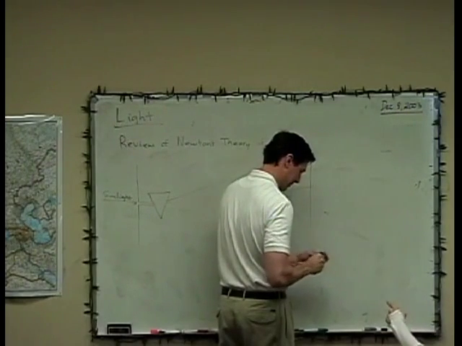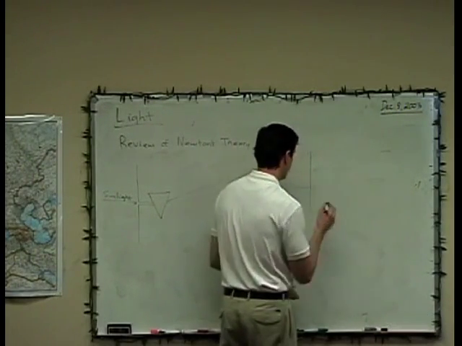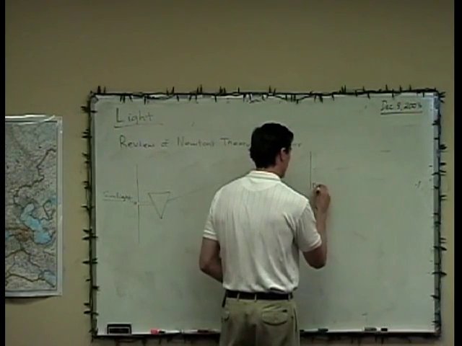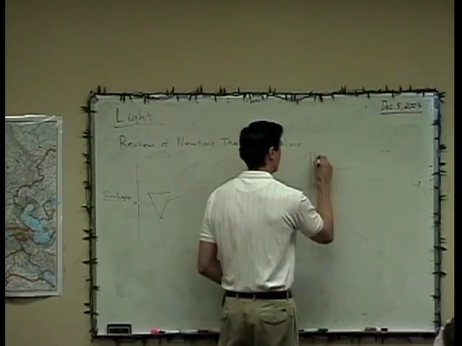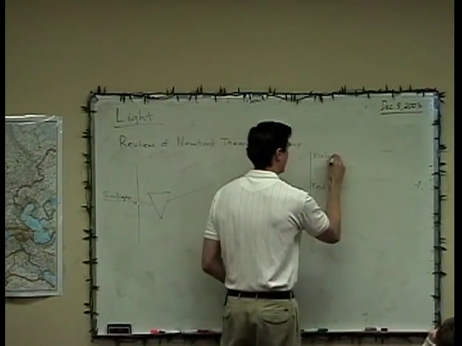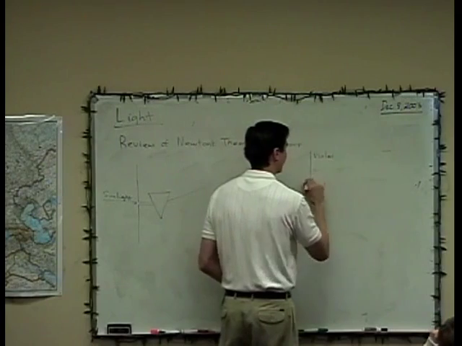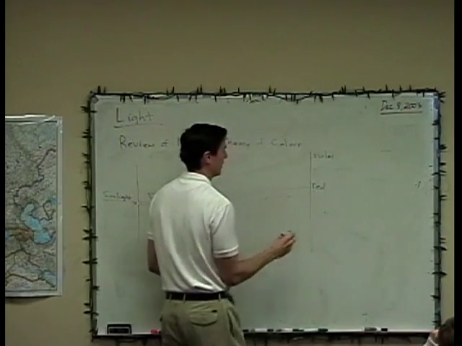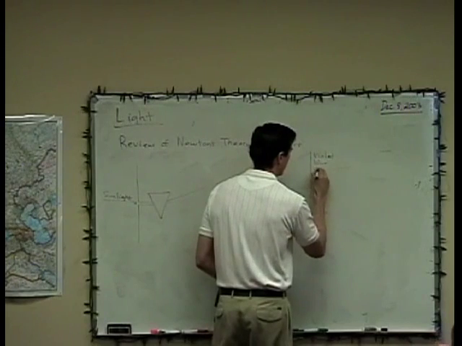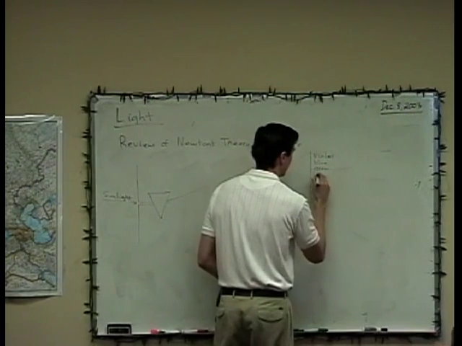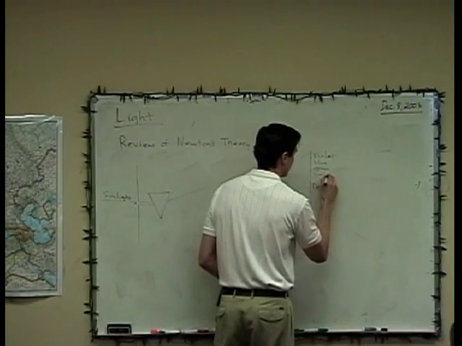Push the button. Oh, I see. Oh, that's clever. Red, and then up top, say violet. So, I mean, he's got, and then you got blue, green, yellow, orange.